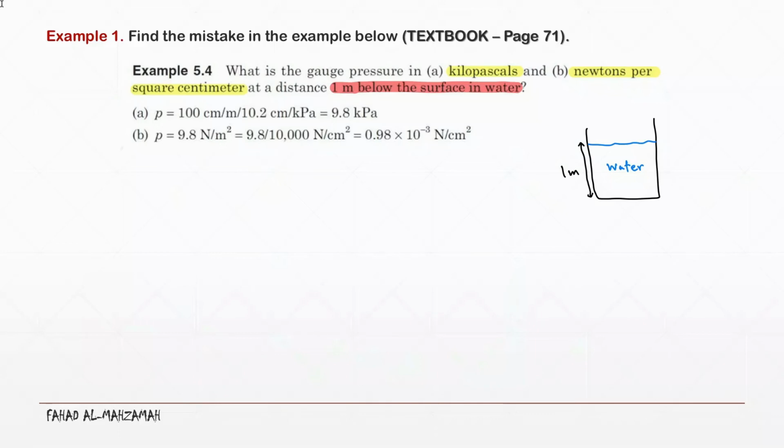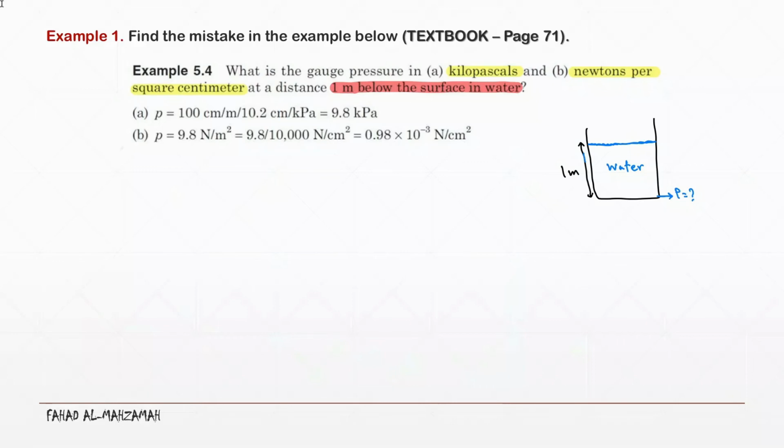He said 1 meter below the surface in water, so this is the surface of the water and 1 meter below the surface. He needs the pressure at this point. What is the pressure at this point?